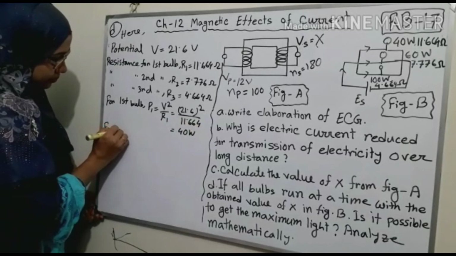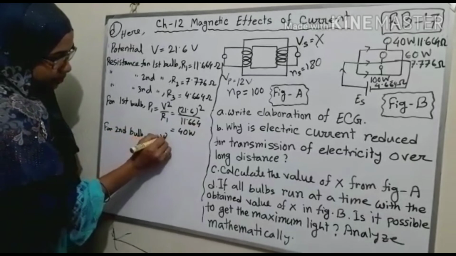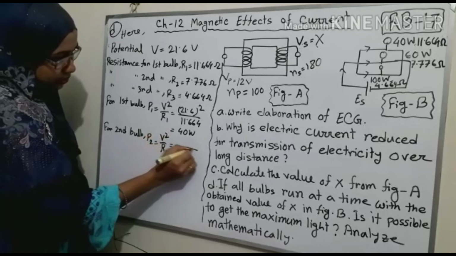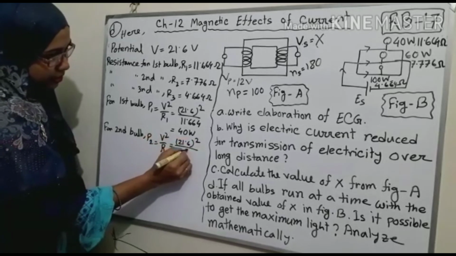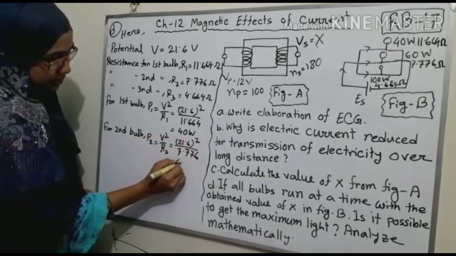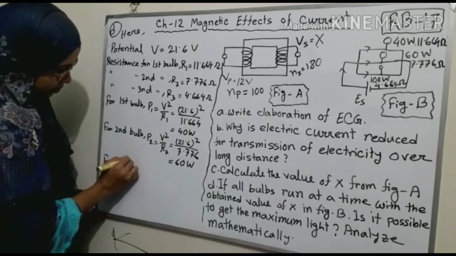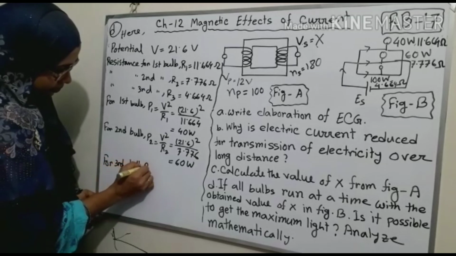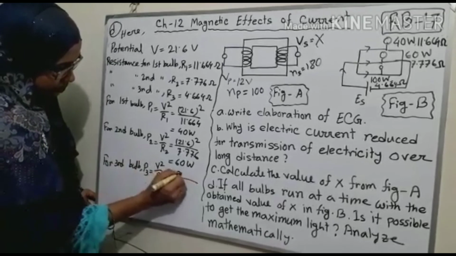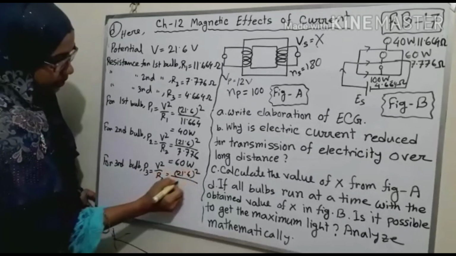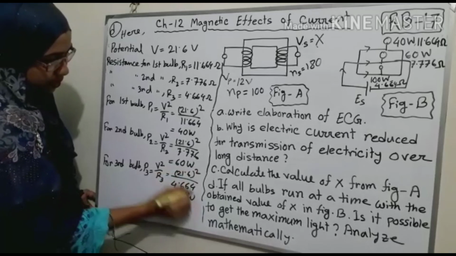For second bulb, P2 is V square by R2, 21.6 whole square divided by 7.776, 60 watt. For third bulb, P3 is equal to V square by R3, 21.6 whole square divided by 4.664, that is 100 watt.